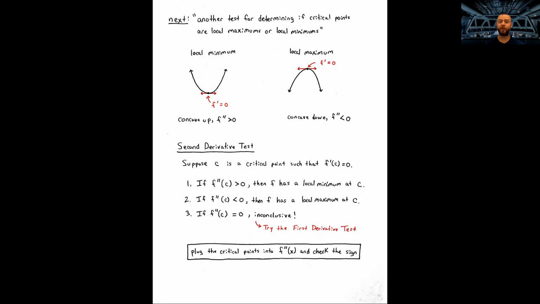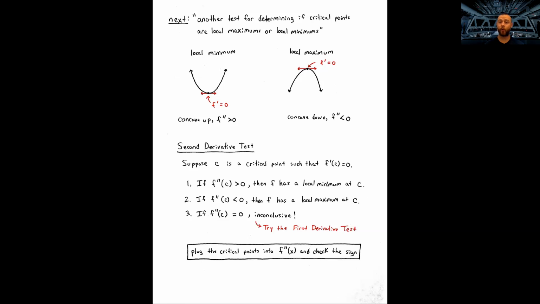Just be careful with the terminology. First and second don't refer to the sequence in which we arrived at them, but rather which order derivative is used in the test. The first derivative test applies to the first derivative of a function, and the second derivative test applies to the second derivative of a function.